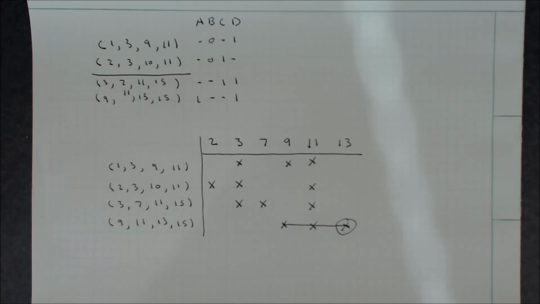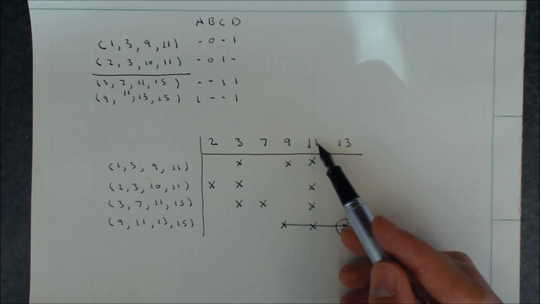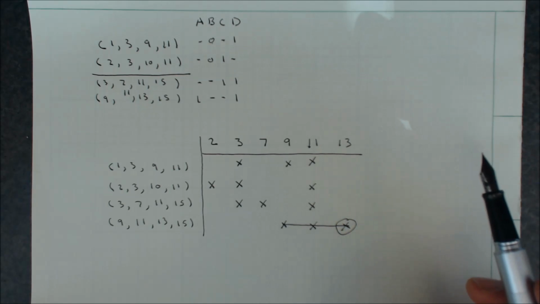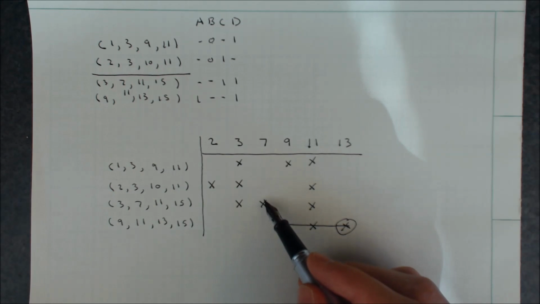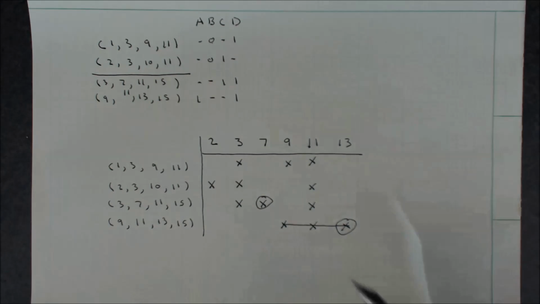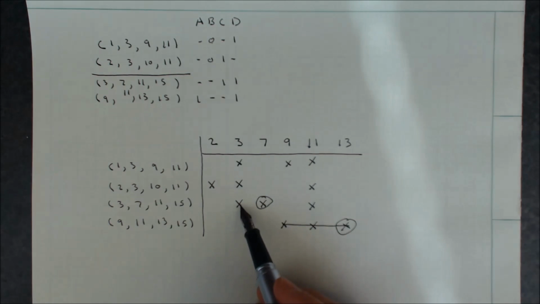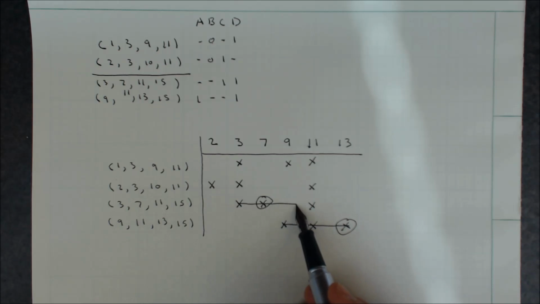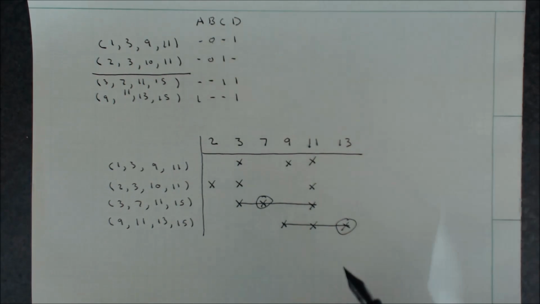Now with that line, we already know that we've covered the minterm 11, and the minterm 9. So next we look for our next prime implicant, which we also see at a 7. 7 is not covered by any other row with an X at 7. So we draw a line going across, and there we have it.